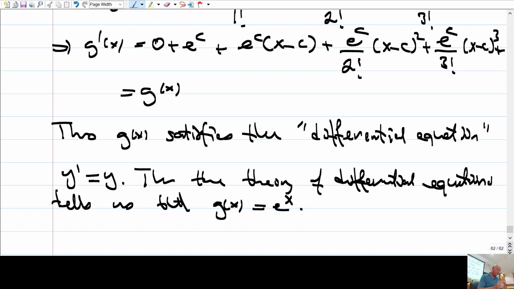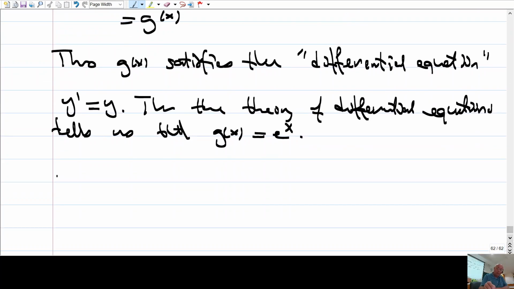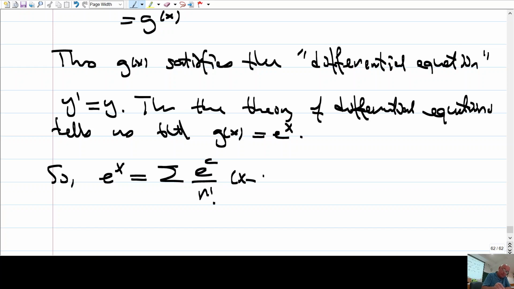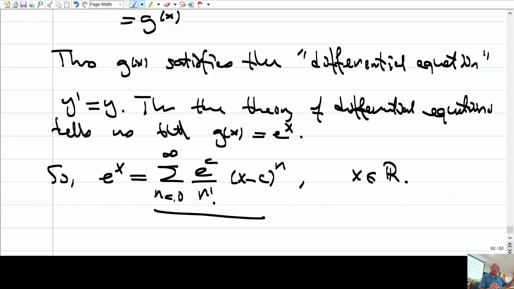So we have e to the power x is equal to its Taylor series about c, and this is true for all x. This function was g, but the theory of differential equations tells us that this function should be e to the power x.